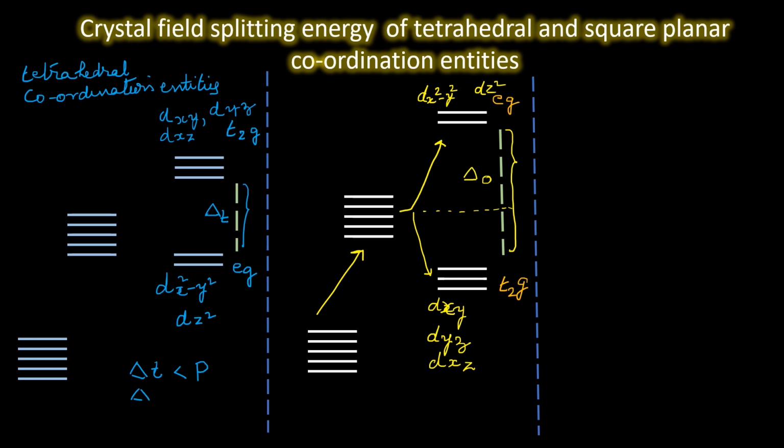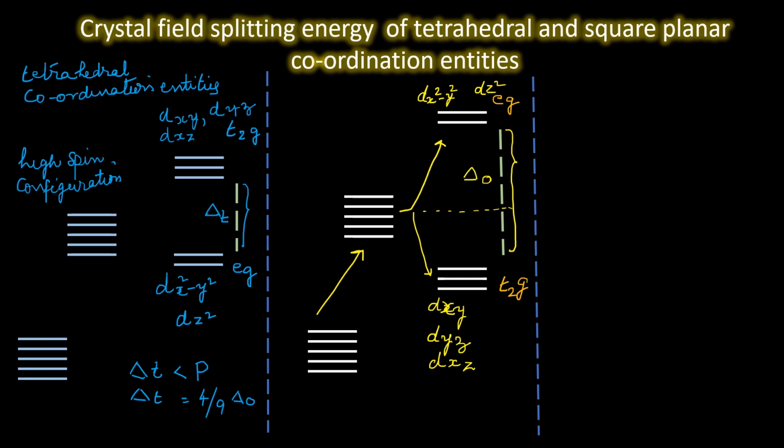It has been estimated that delta T is equal to 4 by 9th of the crystal field splitting energy for octahedral complexes, that is delta O. So, the tetrahedral coordination entities give rise to high spin configuration.